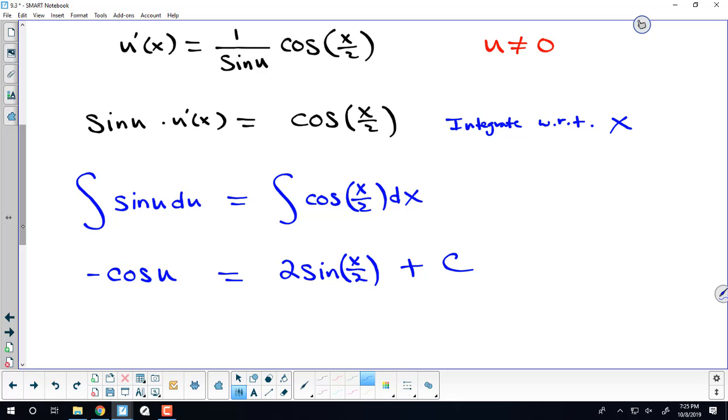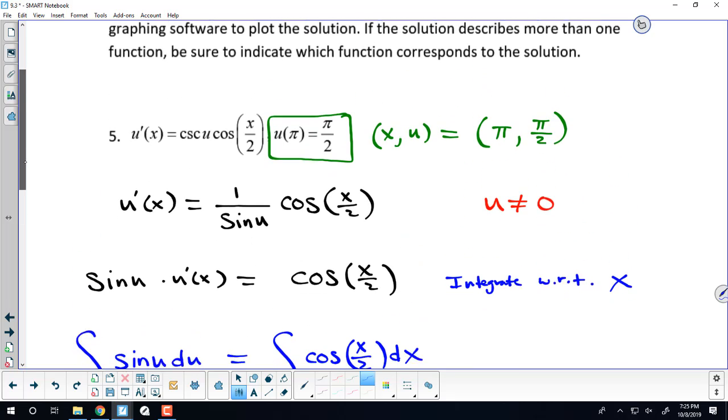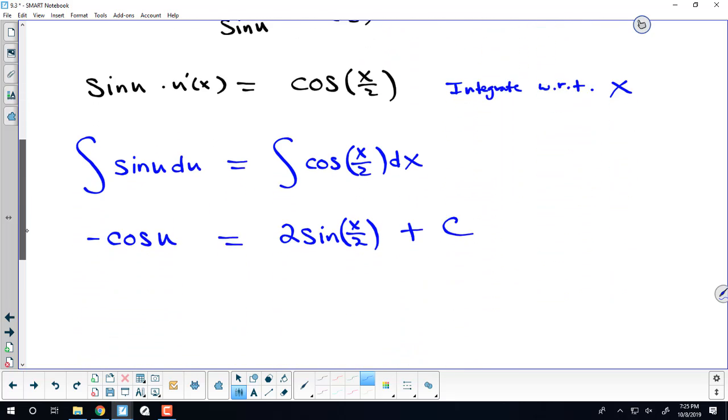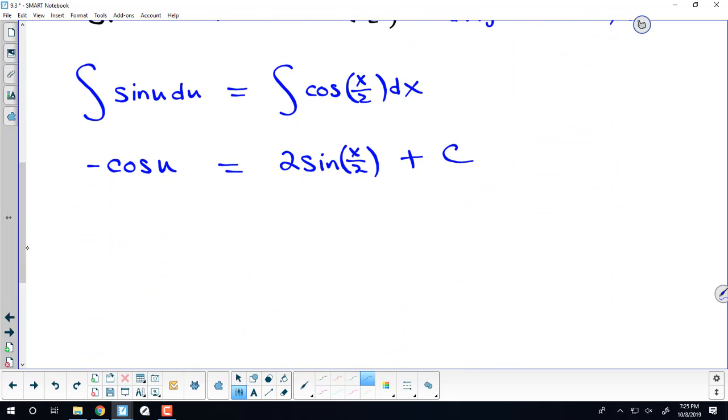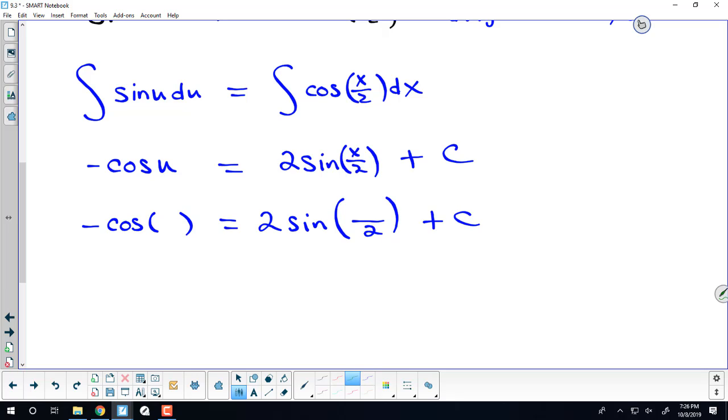So before we actually plot, that's not technically the implicit solution because we need to solve for c. So we're going to go back up. We were given that x is pi, u is pi over 2. So we can solve for c that way. x is pi and u is pi over 2.